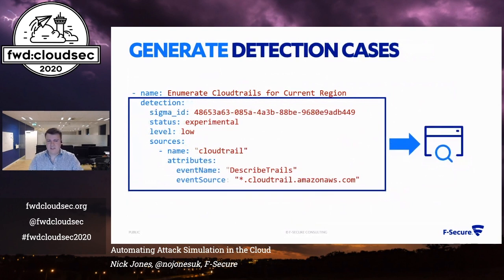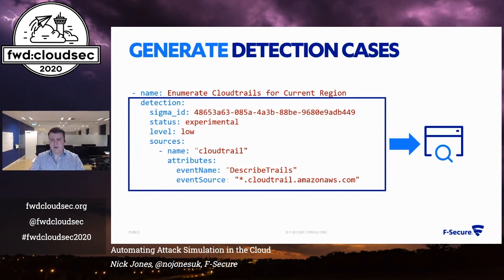But also we define the detection cases here. So we talk about where the detection or the indicators of compromise, IOCs, are likely to live. In this case, CloudTrail. This is the case for a lot of the AWS detection cases we've been building. And so we define the event name and event source that's likely to indicate it. And we then compile these down to Sigma rules. As I mentioned before, Sigma's an open source definition framework for detection for a variety of different SIEMs and other logging platforms.